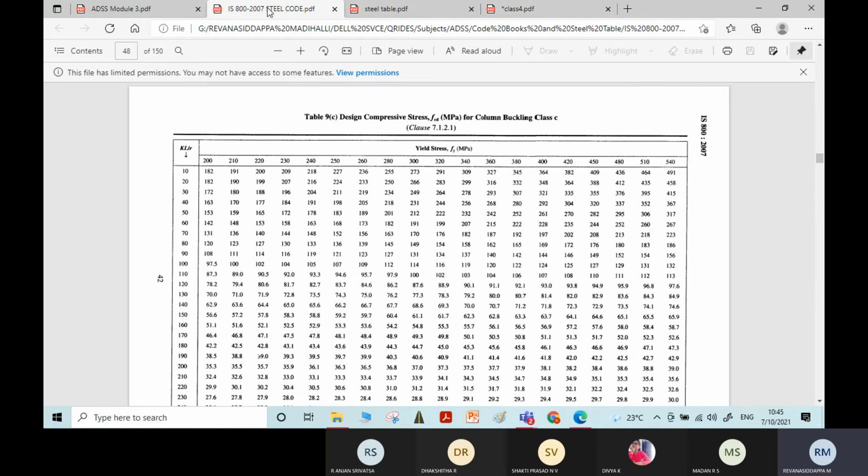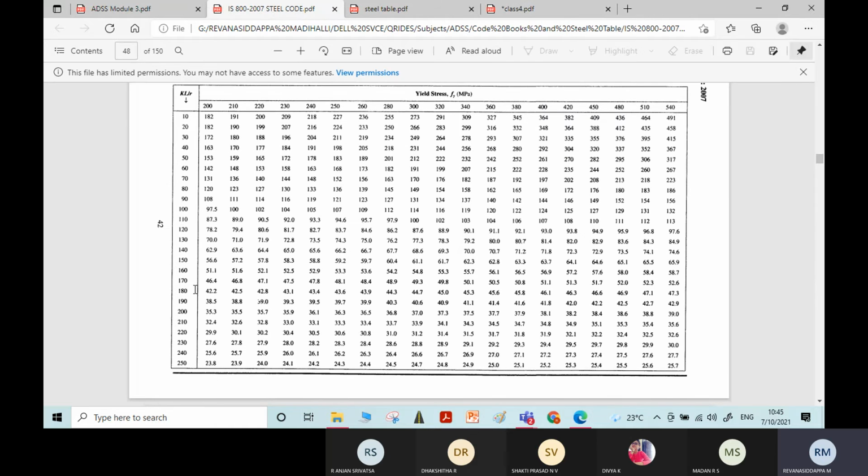174.35 means it will fall between 170 and 180. For 170, with respect to Fe 250, it is 48.1, and for 180 it is 43.6.